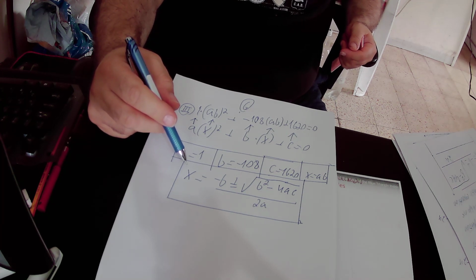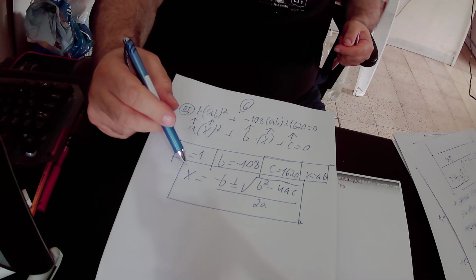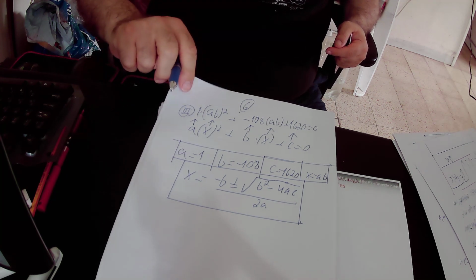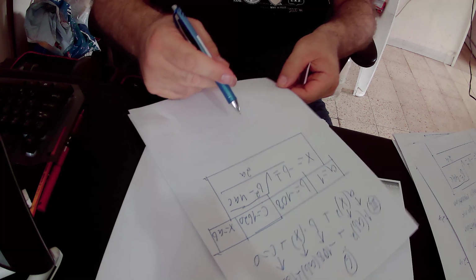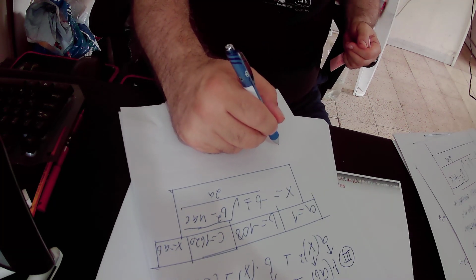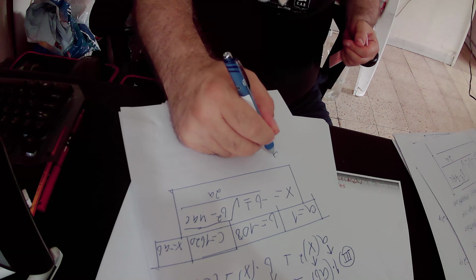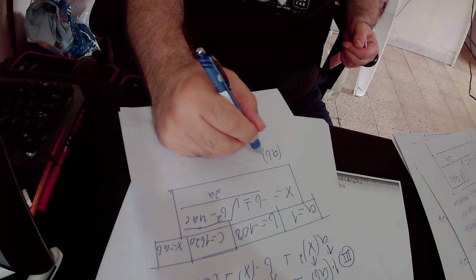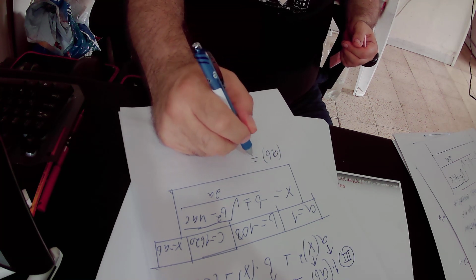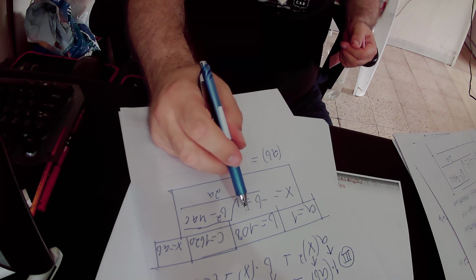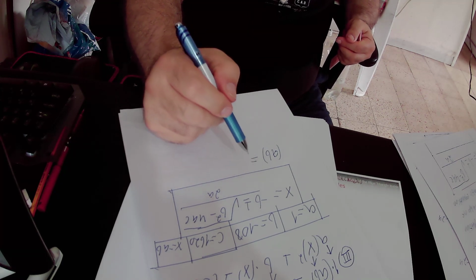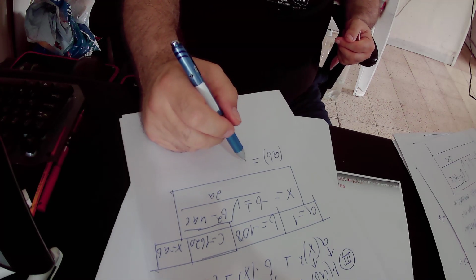Now we will implement it in our specific equation. We know that x equals AB, so we will write down x equals AB. X equals minus b, and b equals negative 108, so minus b is minus minus 108, and minus minus is plus.